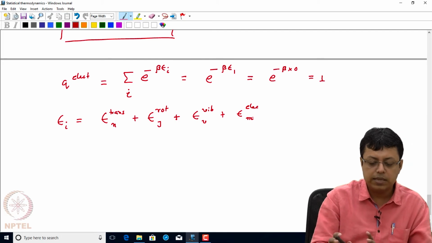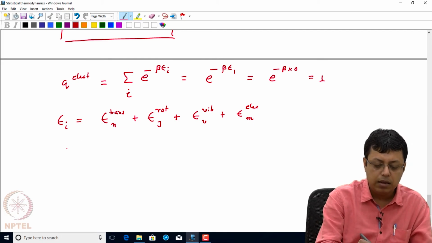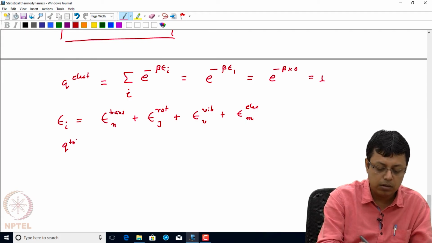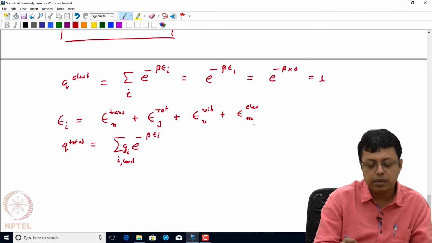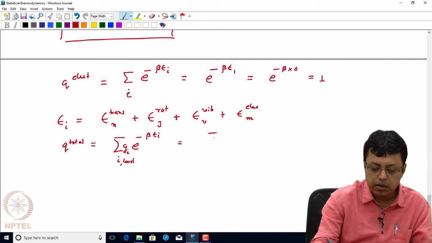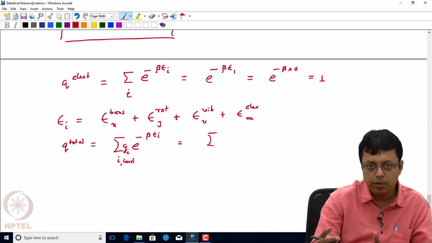So what we are saying here, in a similar token, is that Q total is basically the sum over all these energy levels with all their degeneracies. If I am taking this sum over levels, e to the power minus beta epsilon I, then you can actually write epsilon I in terms of the translational, rotational, and vibrational parts. Then you'll easily figure out, as e to the power a plus b plus c is e to the power a times e to the power b times e to the power c.